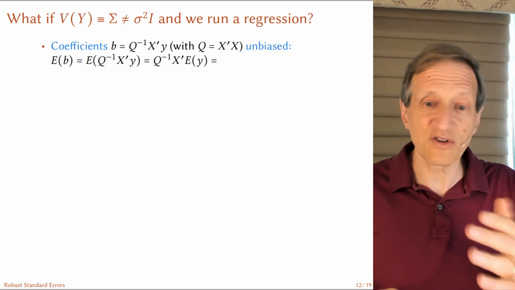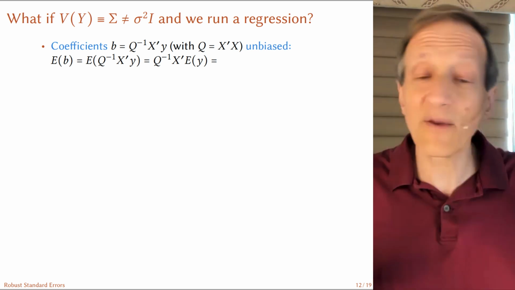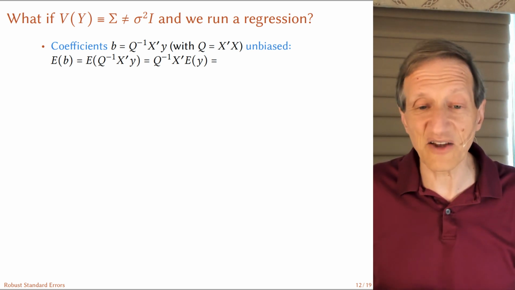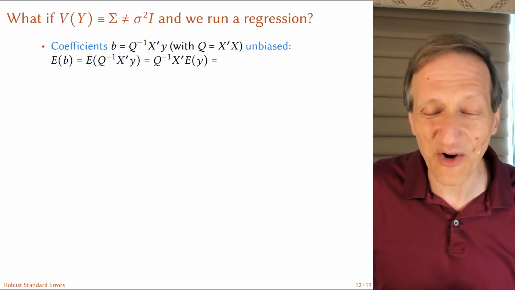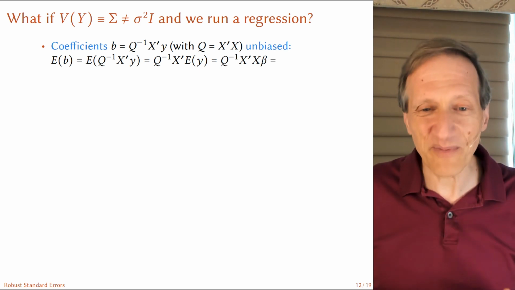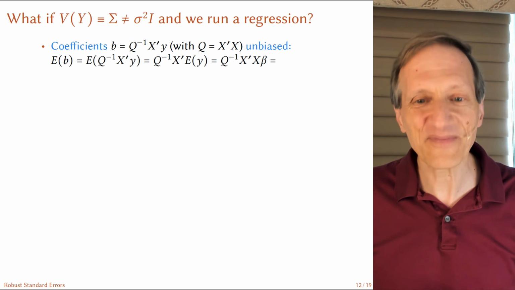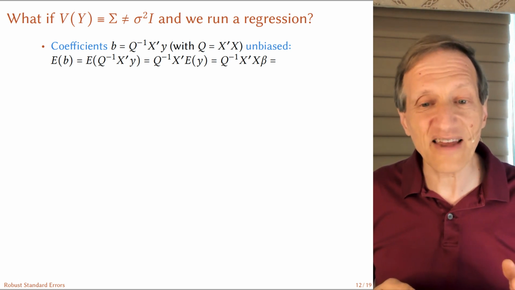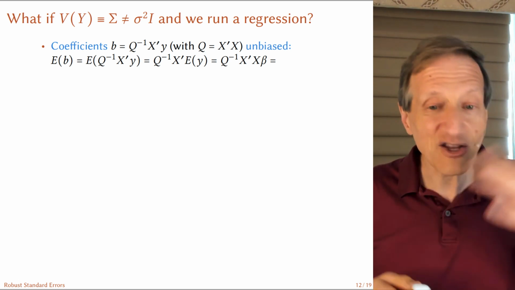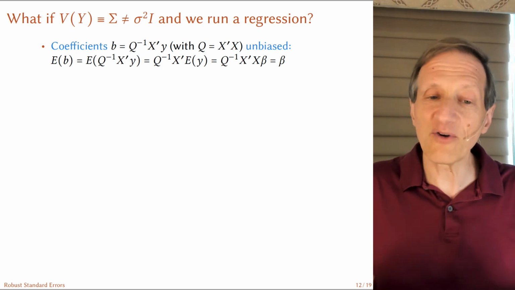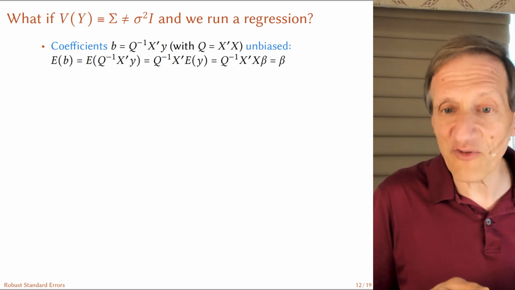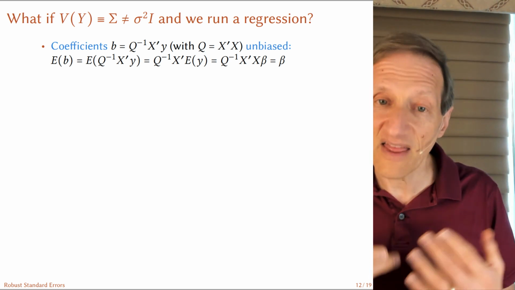So Q, which is X prime X, and X prime all come out of the expectation. We have the expected value of Y. What's the expected value of Y? Well, we know that from the systematic component. The expected value of Y is X beta, so we plug that in. Now we notice that X prime X is Q, and Q inverse times Q goes away, and this thing is beta. So now we've just proven that the expected value of B is equal to beta, therefore it's unbiased.